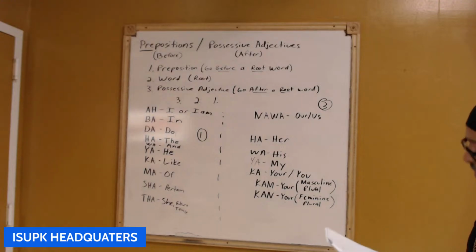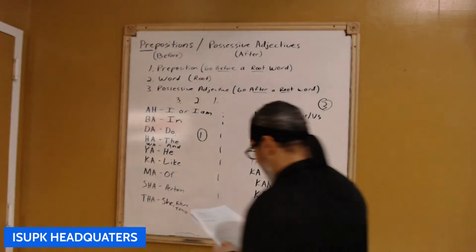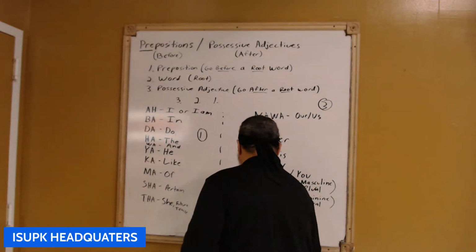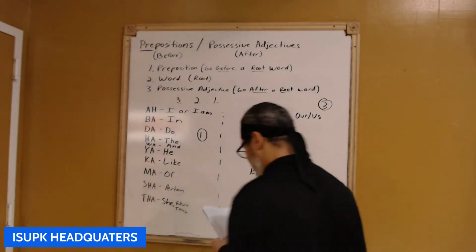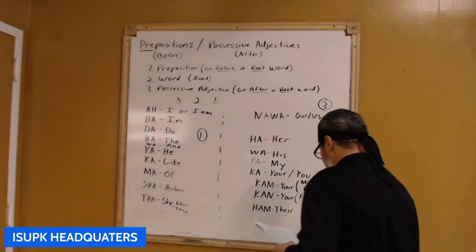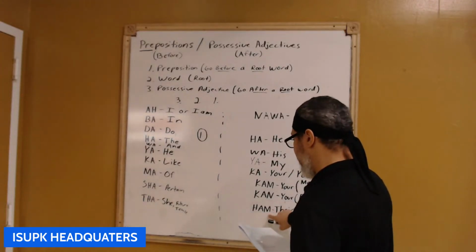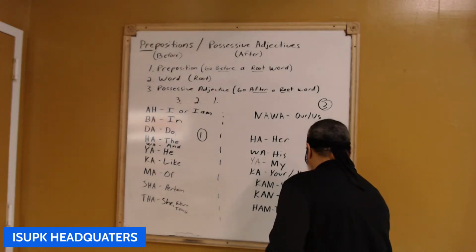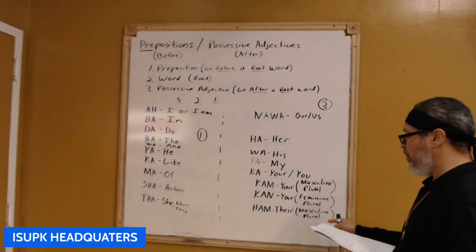Okay? And then we have hum. And that's "their." And that will be the masculine, because it ends in the M. So that's masculine, plural.